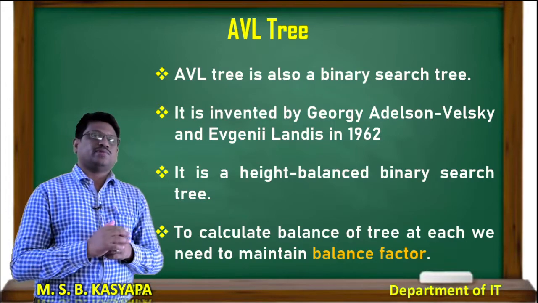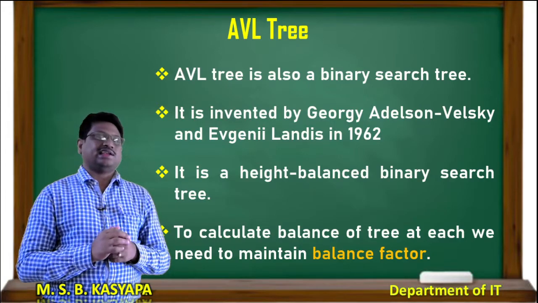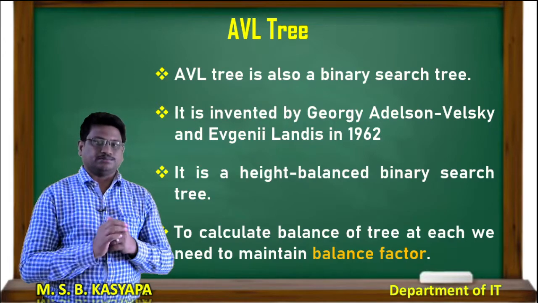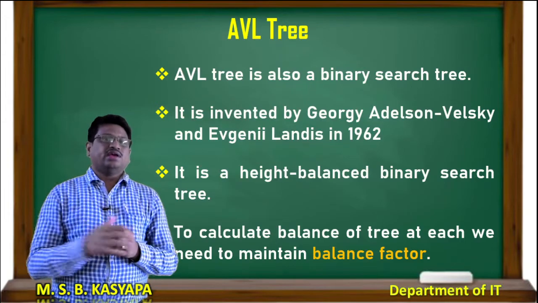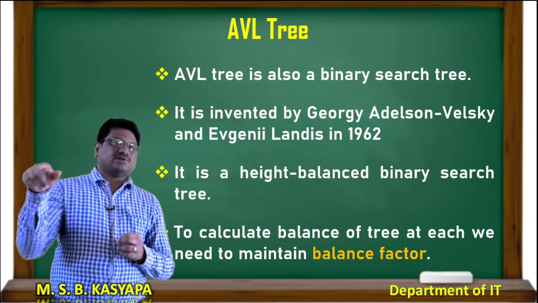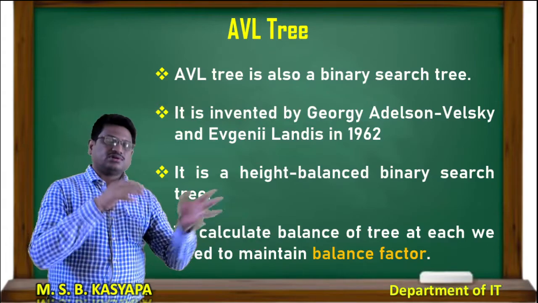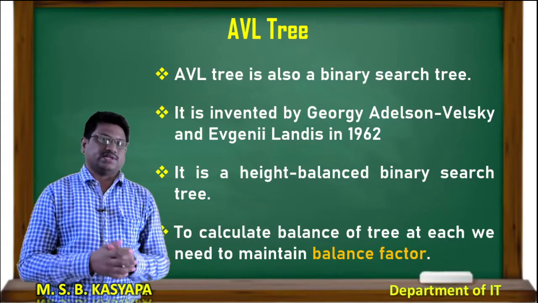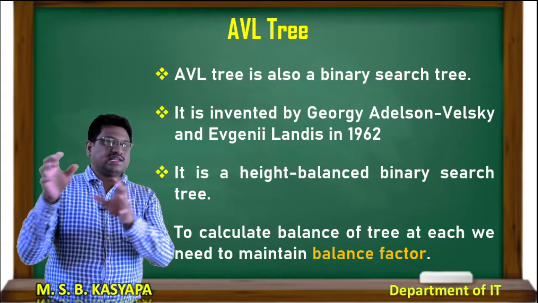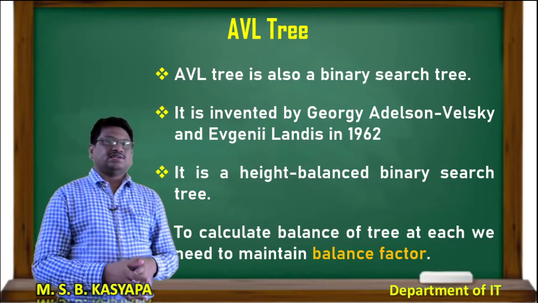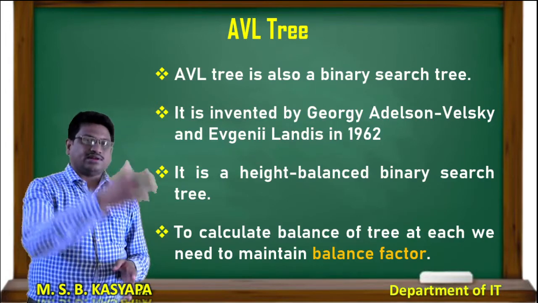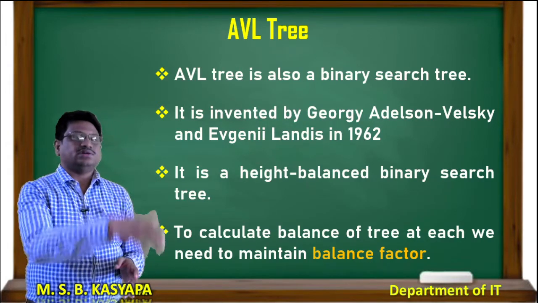It was introduced by Adelson-Velsky and Landis in 1962. If you see the names, Adelson-Velsky gives AV and Landis gives L, so AVL. The AVL tree comes with the introducers' names. It was developed in 1962 to overcome the drawback in binary search trees.